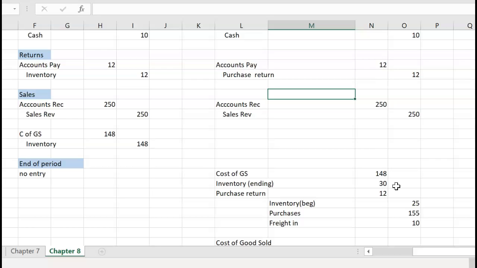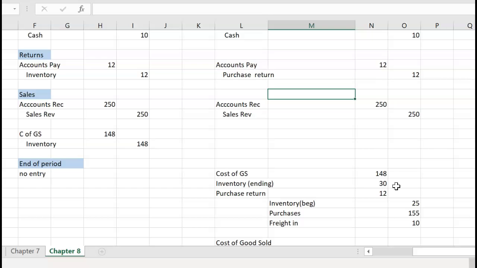That's the difference. Under the perpetual system, we know what the cost of goods sold is, but under the periodic, we have to do the journal entry and calculate the cost of goods sold.